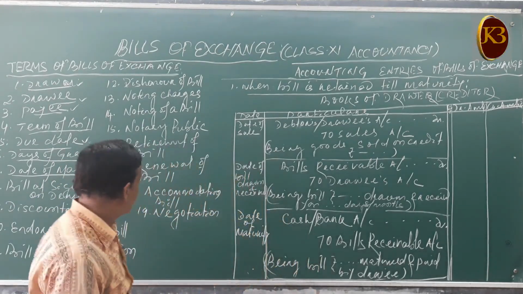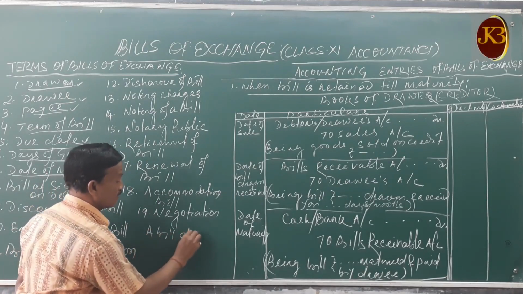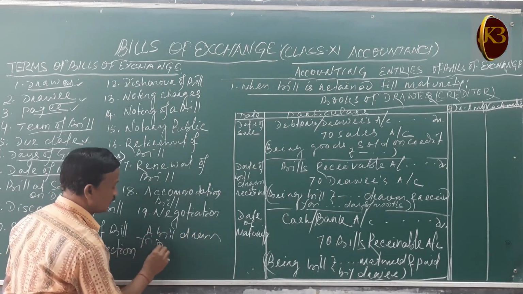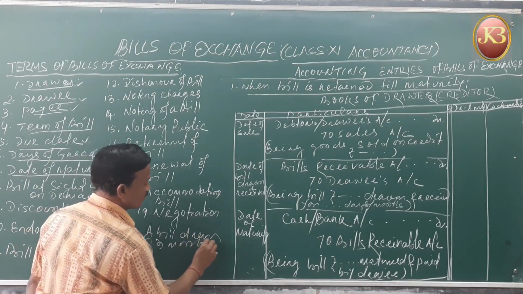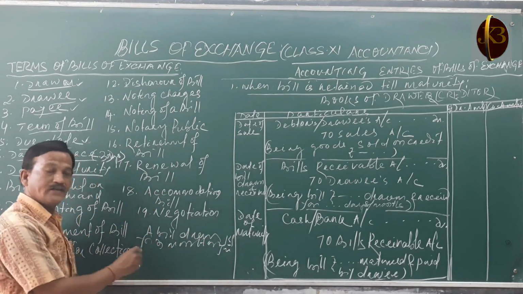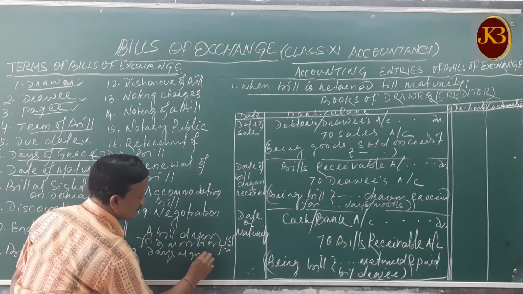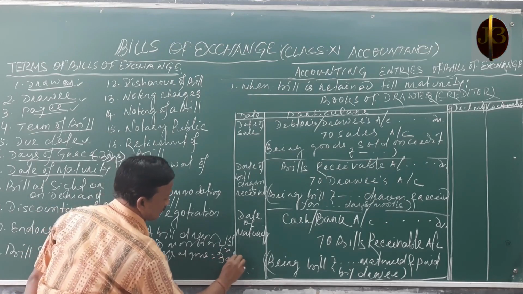You can see just the first example: a bill drawn for 3 months on 1st January. Here the days of grace is 3 days.